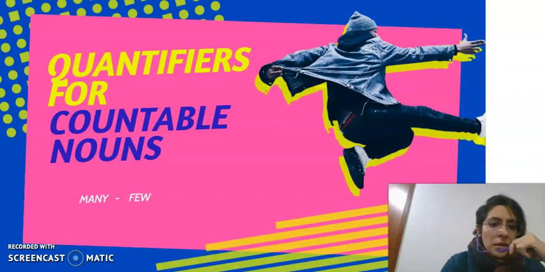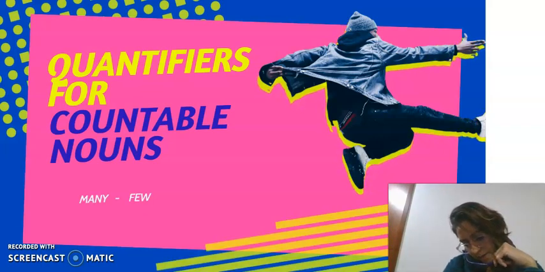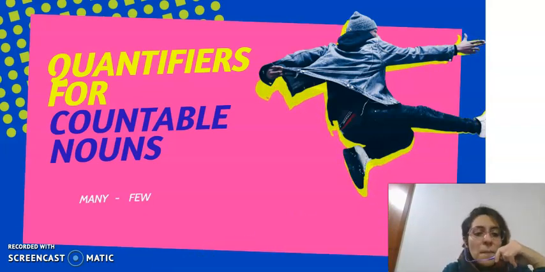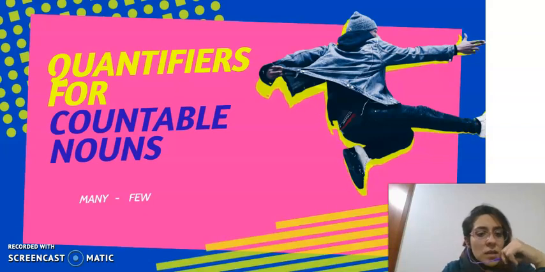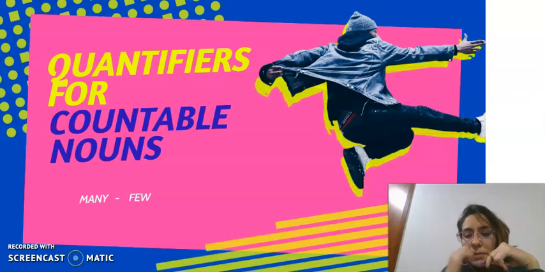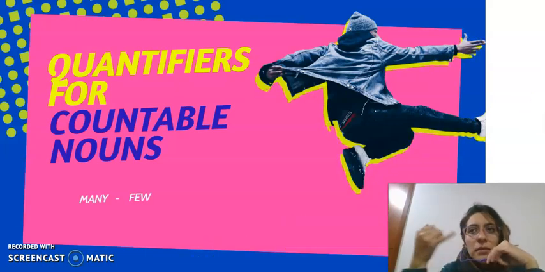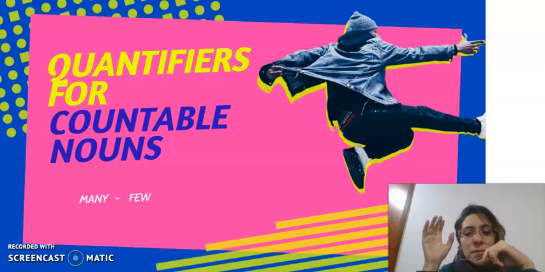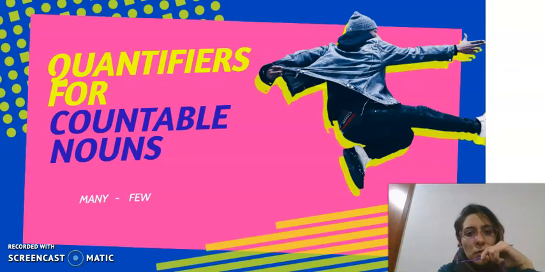Quantifiers for countable nouns. For countable nouns we have here many and few. Countable nouns could be things like apples or pineapples, something that you can count with your hands or with numbers.